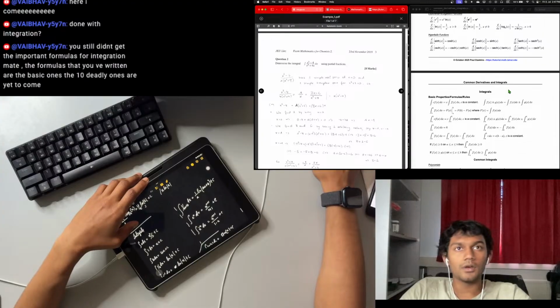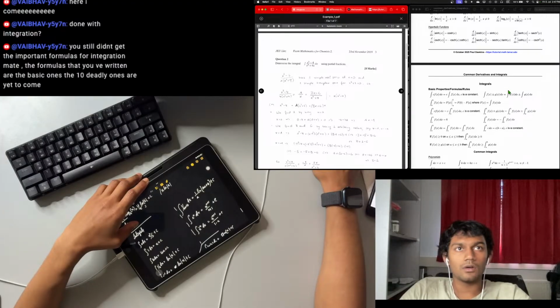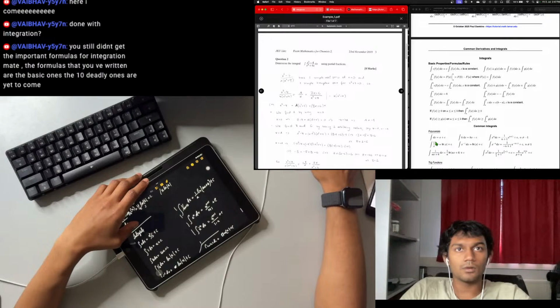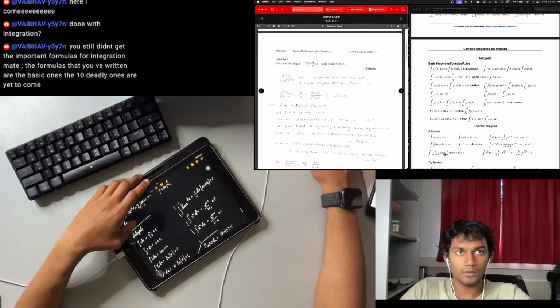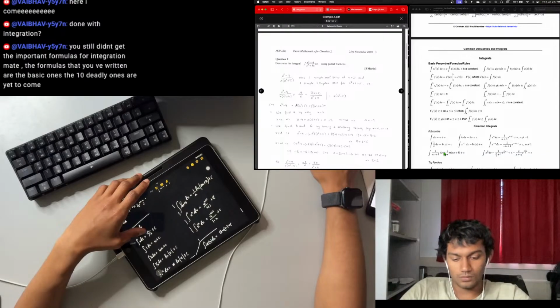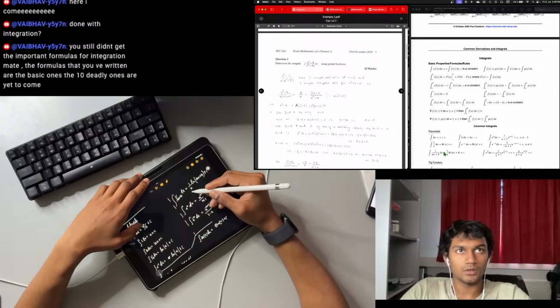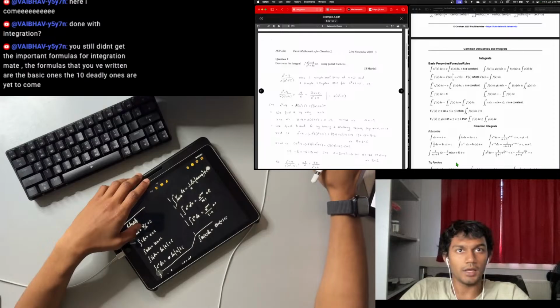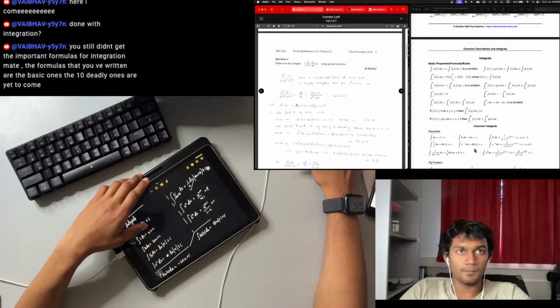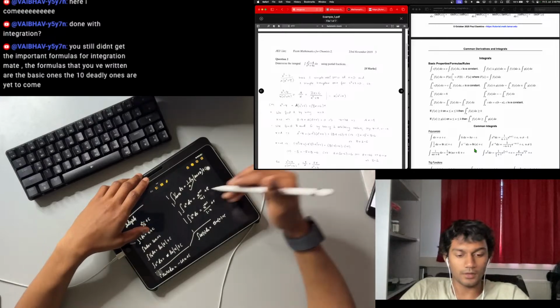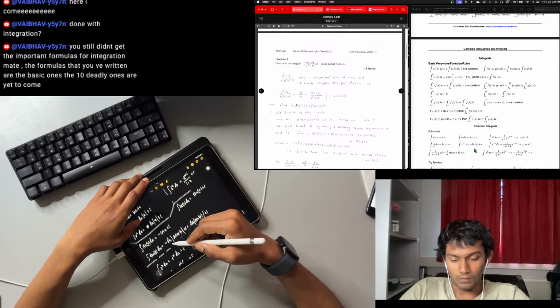Integrals. Integral x dx is x squared by 2. Integral of 1 by ax plus b dx is 1 by a log of ax plus b. That's correct. x raised to n dx is x raised to, oh yeah, that's correct. What else? Sine.